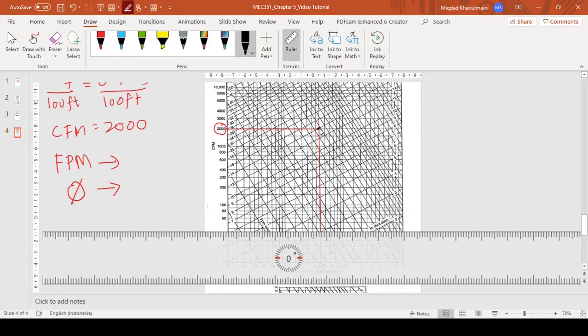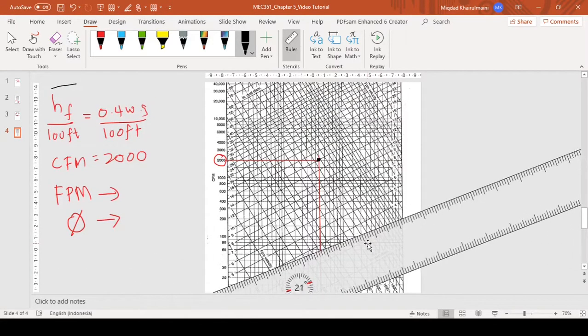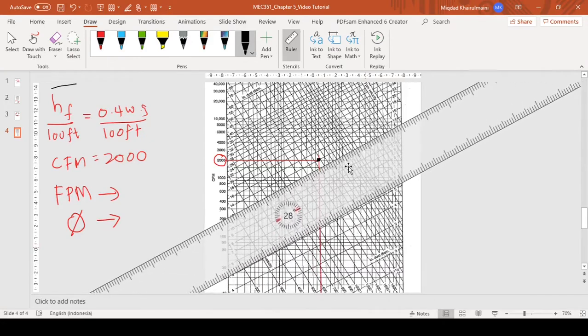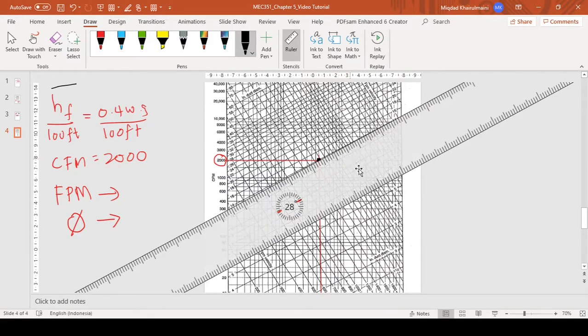So for diameter, we can read straight. If we look carefully here, we have 14 inches, exactly on the 14-inch line.